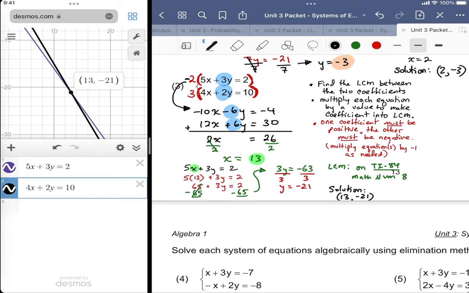Now let me just show you very quickly how you can do this on the TI. It's not as pretty, and it's not really overly tailor-made for the elimination method. So what we would actually have to do is solve the two equations for y in terms of x.